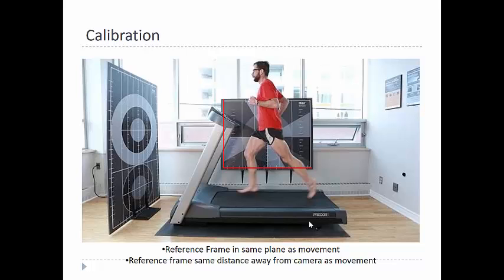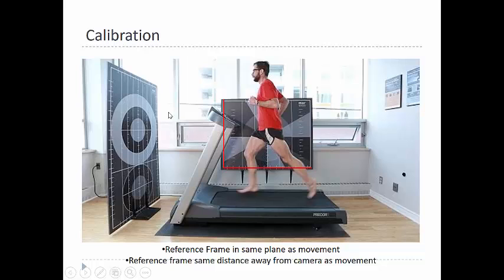We can see that this has measures in the vertical going up and down and in the horizontal going back and forth. We can see that this is in the same plane of motion as the athlete, i.e. this board is directly parallel to the treadmill.